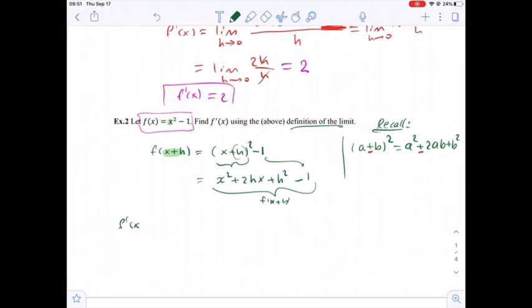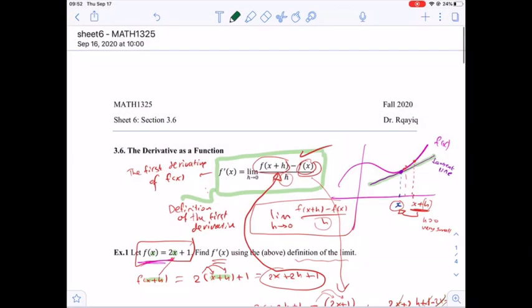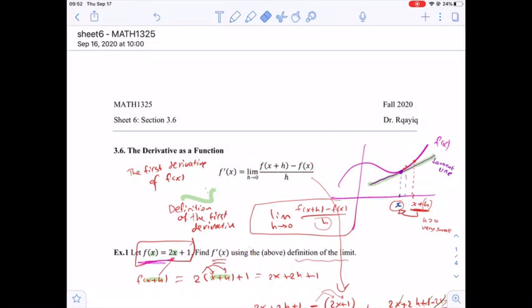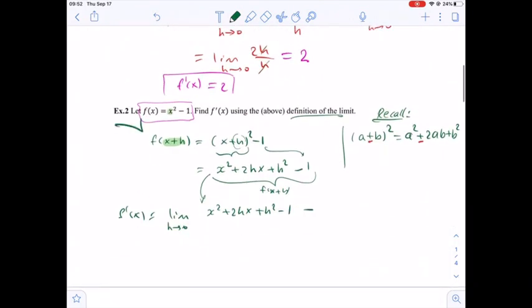f prime of x is the limit as h approaches 0 of f of x plus h, and that is x squared plus 2hx plus h squared minus 1, minus f of x, because here I'm reading from this formula. Now minus f of x. f of x is the original function here.